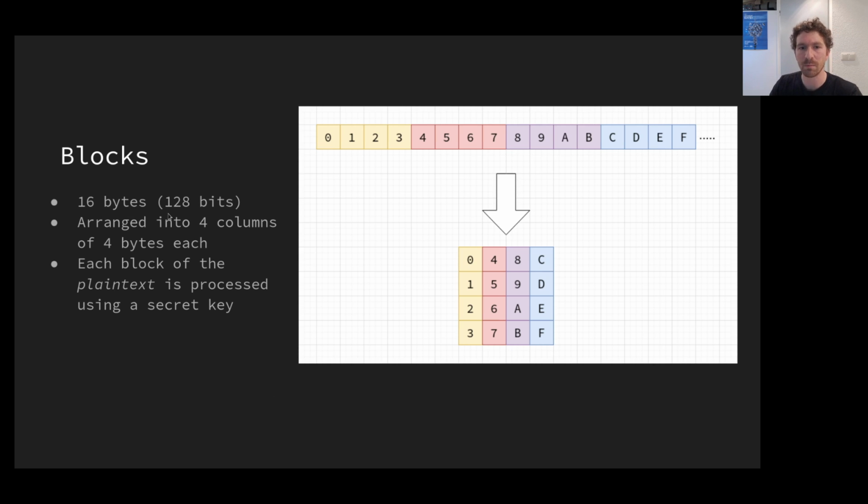Okay, so we've got 16 bytes, that's 128 bits, and that's where the name of this particular version of AES that we're going to be using comes from. This is AES 128, which basically means that we're operating on 128-bit blocks, and the key size is also 128 bits, so also 16 bytes. All right, so this is it.